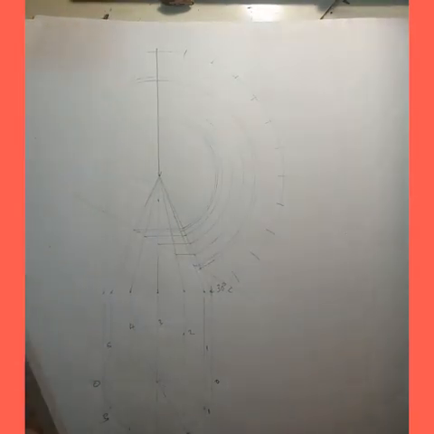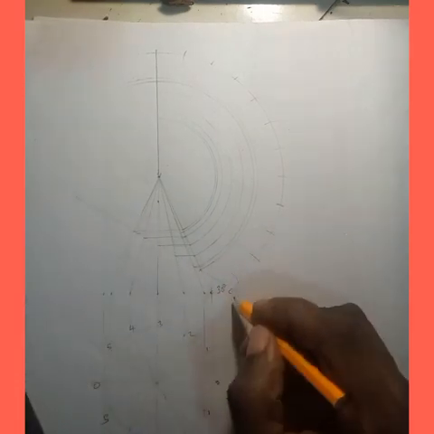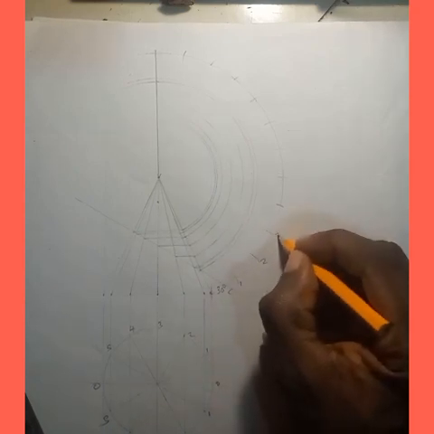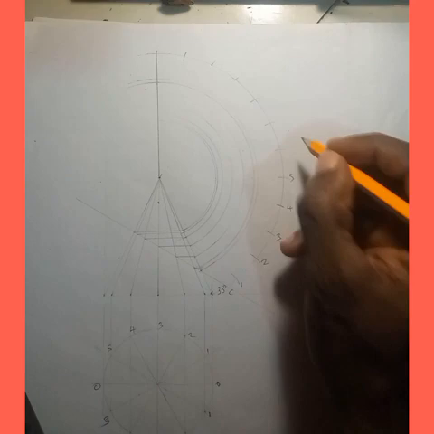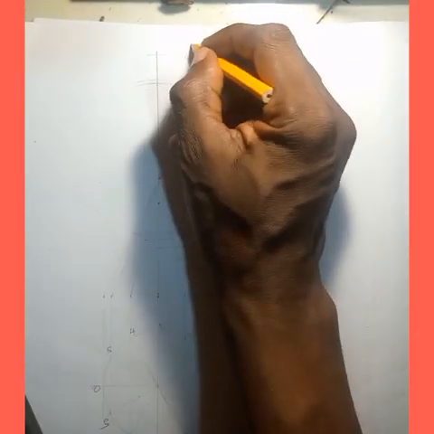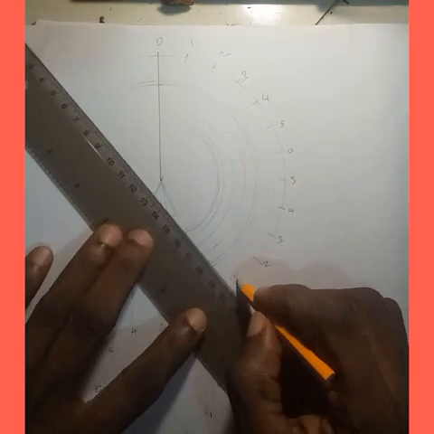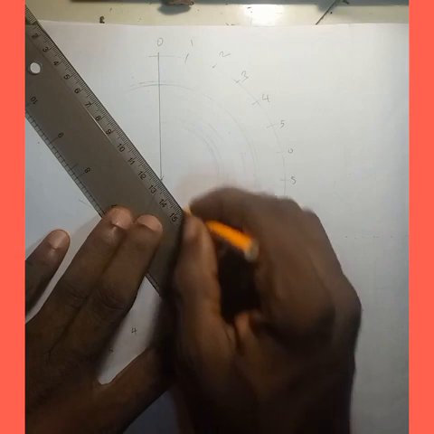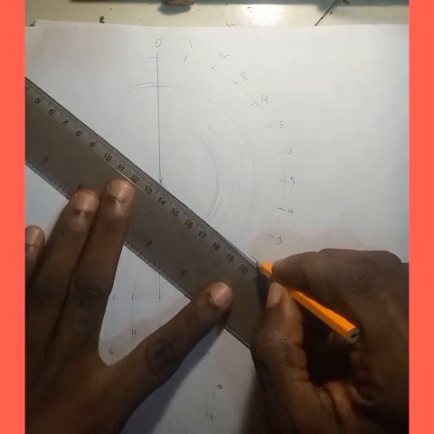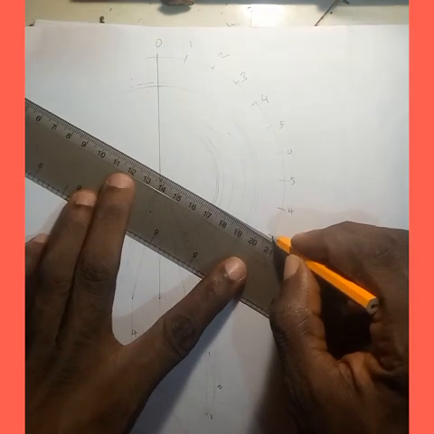Now you are expected to radiate lines. You can number this as well. This is 0, this is 1, this is 2, this is 3, 4, 5, then back to 0, 5, 4, 3, 2, 1, 0. Now radiate lines from point 1 to the center, from point 2 to the center, like that, until you get back to point 0.